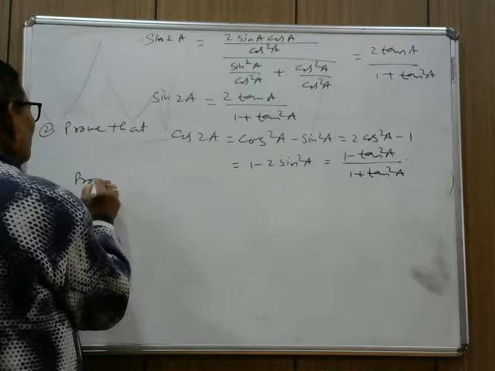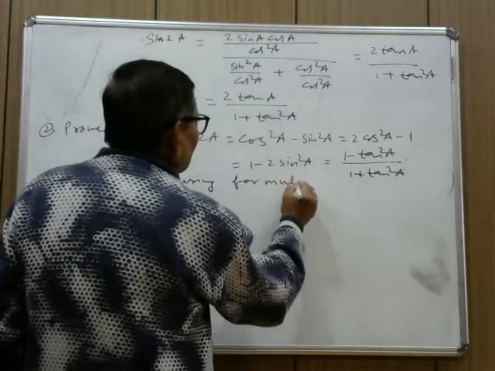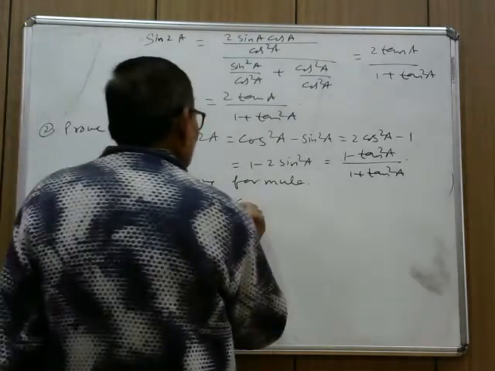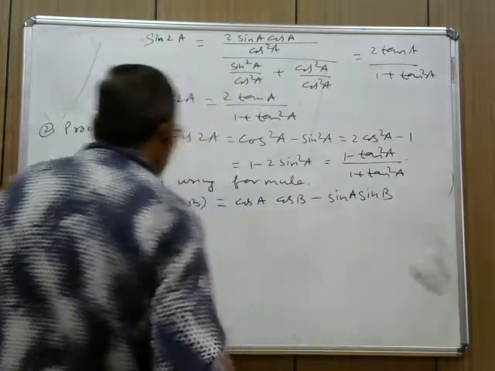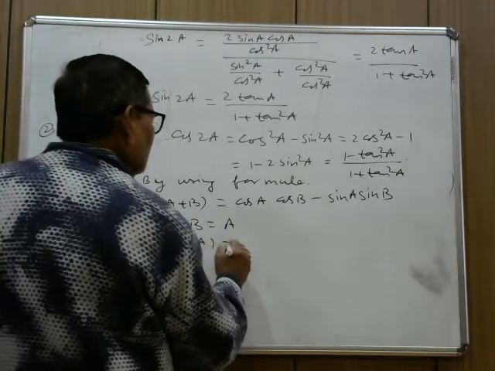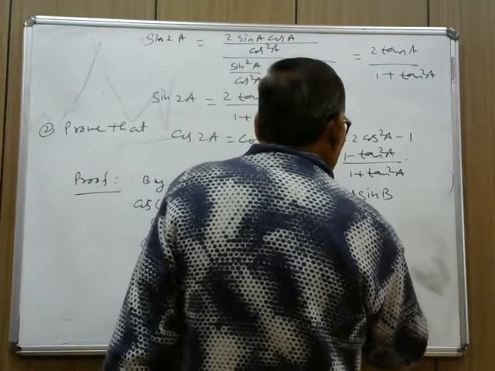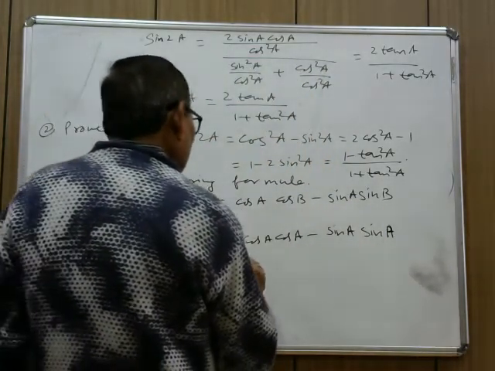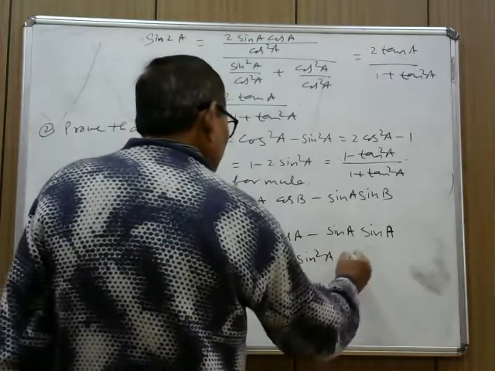Proof. By using the formula cos (A plus B) is equal to cos A cos B minus sin A sin B. Put B equals A. Cos of A plus A is equal to cos A into cos A minus sin A into sin A. This is cos of 2A, that is equal to cos square A minus sin square A. This is 1.